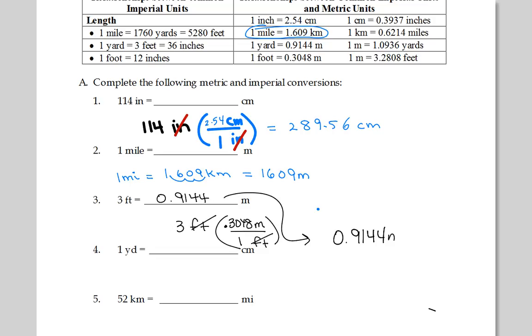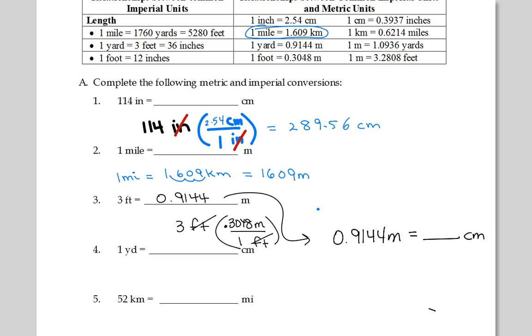0.9144 meters. Now you need to find what this would be in centimeters. Should be very easy at this point. How many decimal moves? How many jumps from meter to centimeter? Okay, so 2 decimal moves.